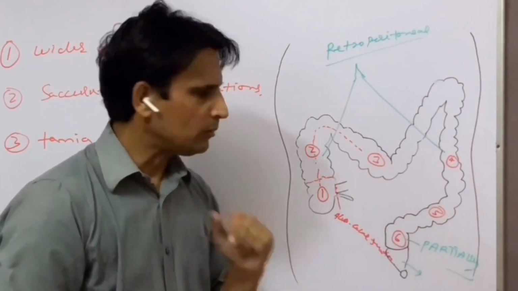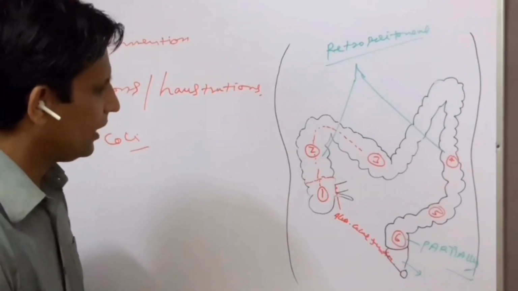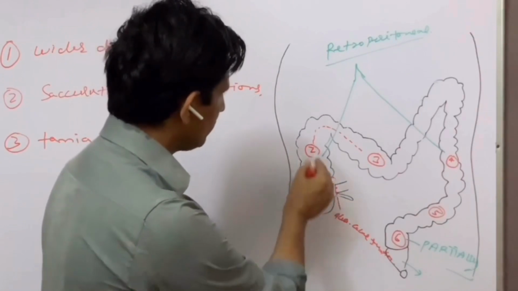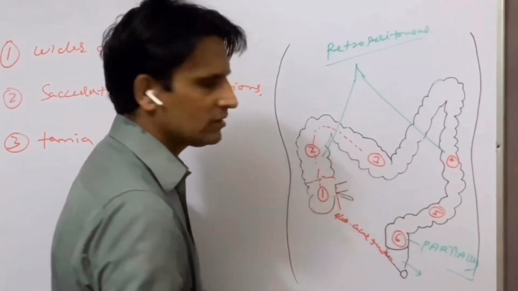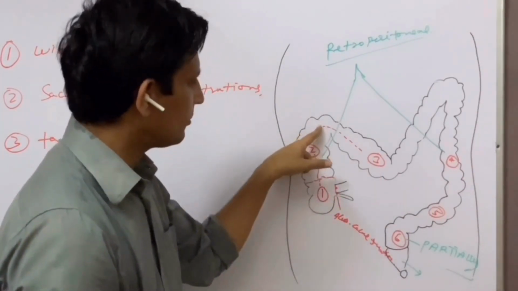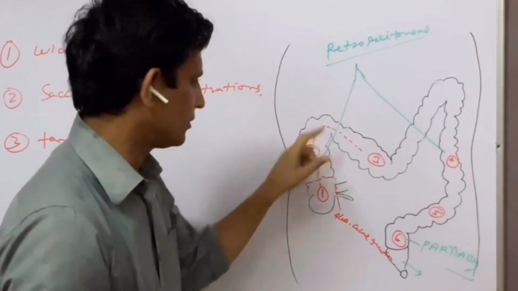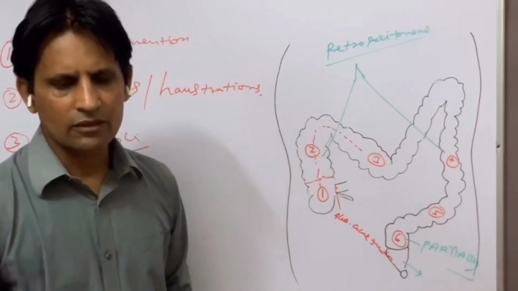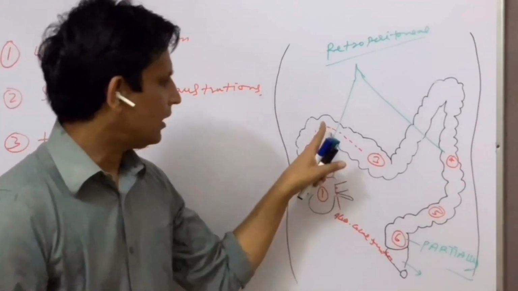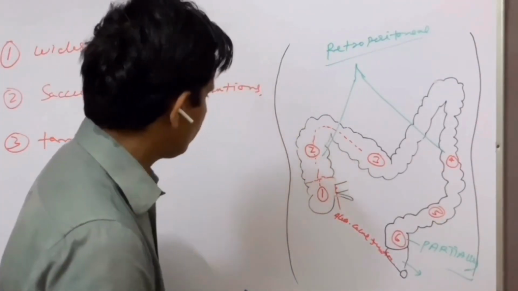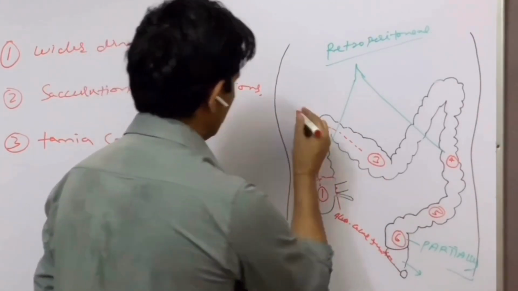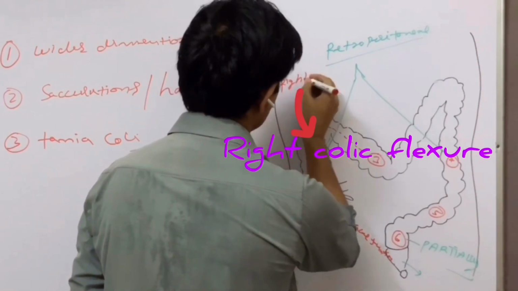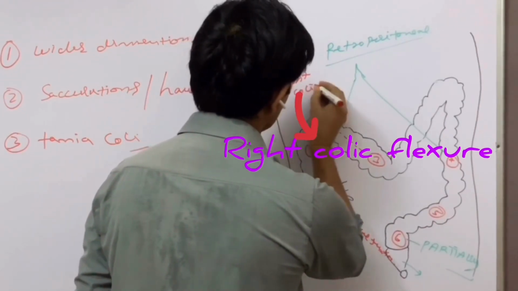Right. One more thing, we have also seen this structure in the small intestine, that this part comes upward, then it turns abruptly, and where it turns abruptly it makes a flexure, right? This part is situated on the right side or in the right cavity of the abdomen, and that's why this flexure is known as the right colic flexure.